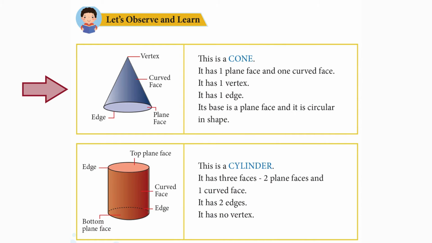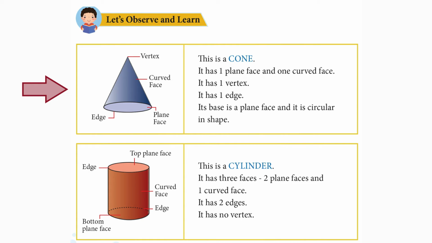This is a cone. It has one plain face, as you can see in the picture, and one curved face. It has one vertex. It has one edge. Its base is a plain face and it is circular in shape.